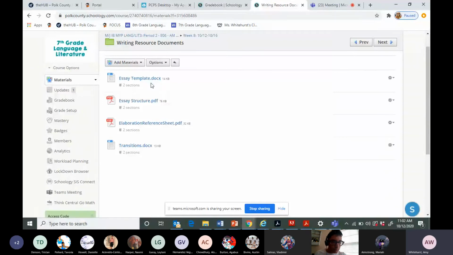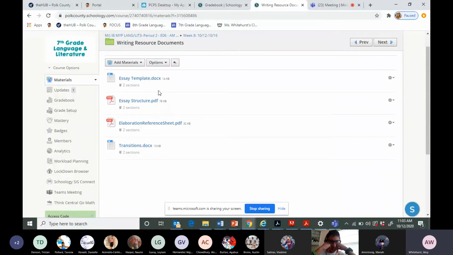Sentence 2, do this. Sentence 3, do this. Whereas the essay structure document is more of a bullet point list, and it's still in order, but it's just visually different. Both of these help you equally. You may refer to whichever one you prefer while you are writing, and I suggest that you look at both and figure out which one you prefer.